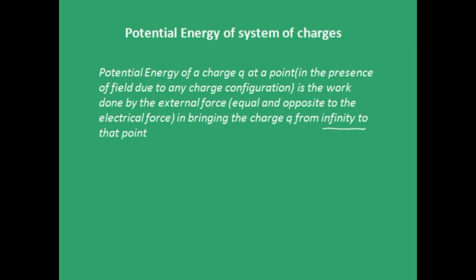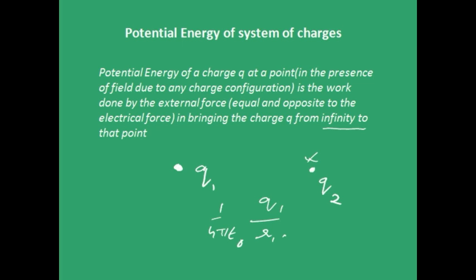Now say I don't have anything in the universe except one charge, so I don't have any influence on this charge. So to bring this charge to this point, I don't have to do any work. Now if I want to bring another charge to this point, now I have the effect of this q1 on this charge. So the potential at this point before bringing it here was 1 by 4 pi epsilon naught q1 by r12, where r12 is the distance between these two.